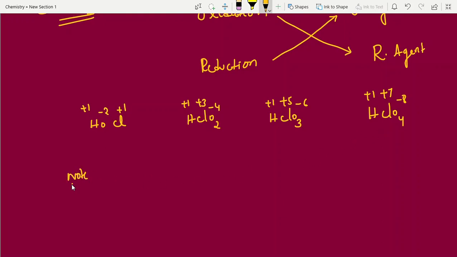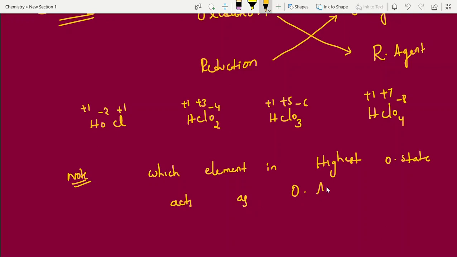Note another point. Which element in the highest oxidation state acts as oxidizing agent? Never undergoes, never acts as reducing agent.